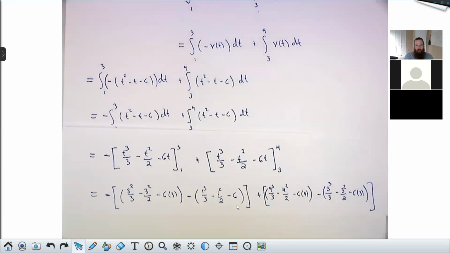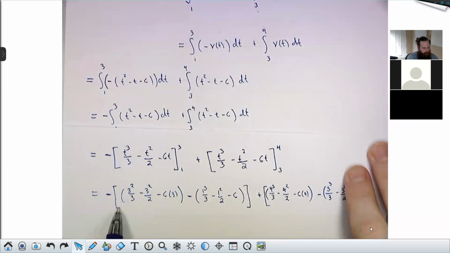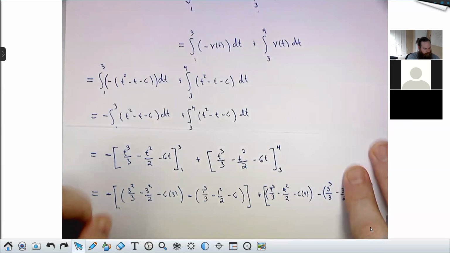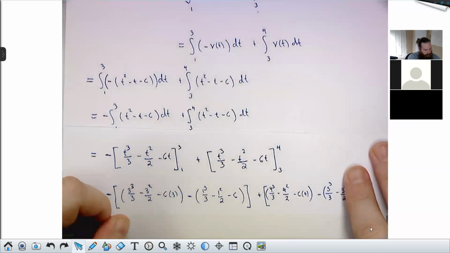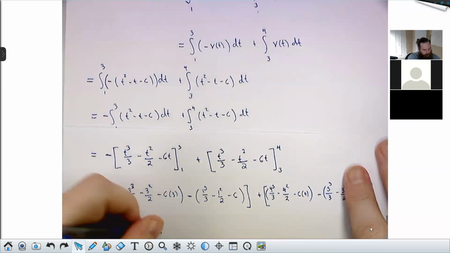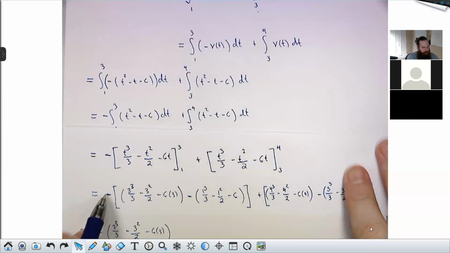And you may notice one piece showing up in both of these. This piece and this piece are the same. So I'm going to distribute this negative to these two big chunks here. I'm just going to write this as negative 3 cubed over 3 minus 3 squared over 2 minus 6 times 3. That's this negative hitting this piece.